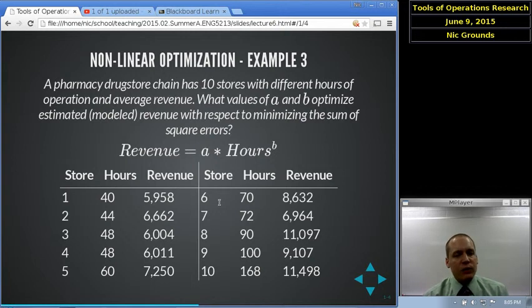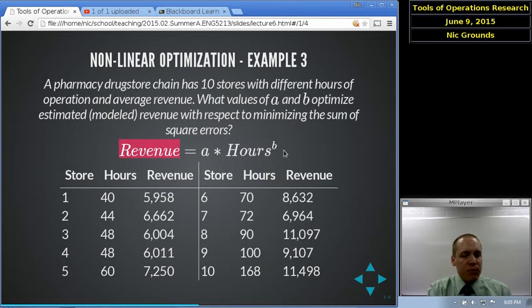And what we want to know is, is there a sensible model for predicting revenue from hours, such that it may look like this? Okay, so are there good values for some value A and B, such that A times the number of hours raised to the B power is a good estimate for how much revenue that store would have?